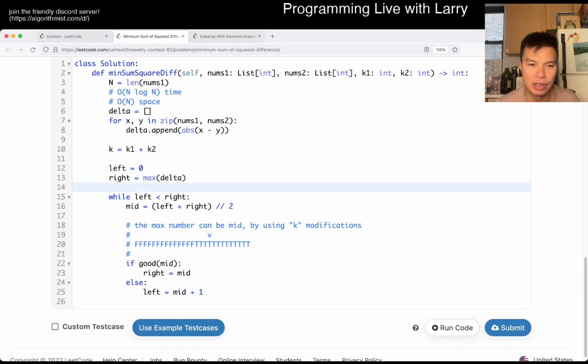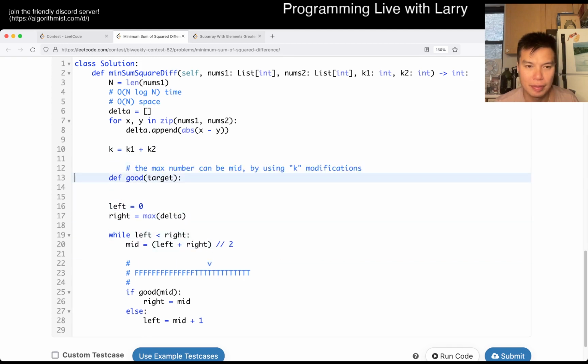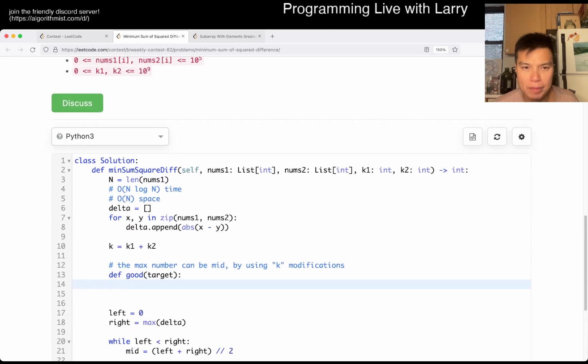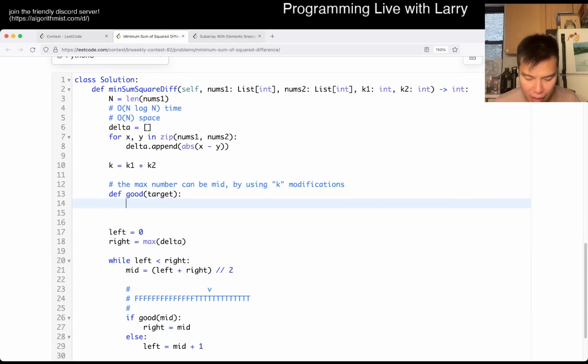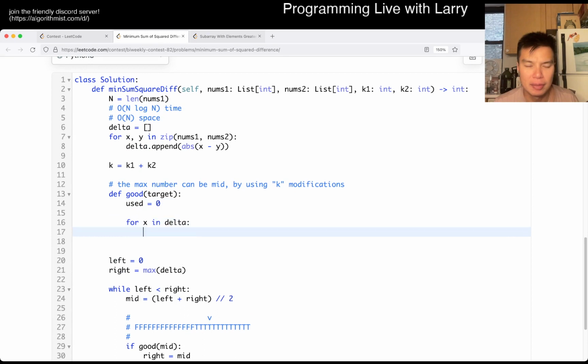So let's write the good function now. What is the good function? Use equals 0, for x in delta, use is increased by the absolute value of x minus target.